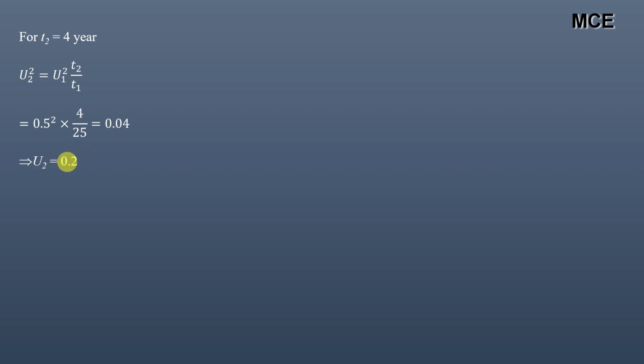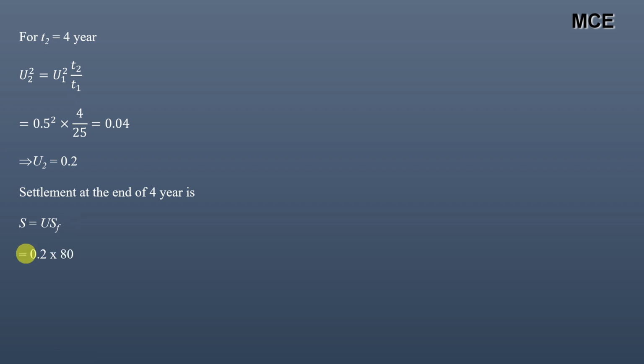In other words, you can say for the clay layer having thickness of 25 meter, degree of consolidation after 4 years will be 0.2 or 20%. Settlement at the end of the 4 years is again degree of consolidation multiplied by the final settlement.